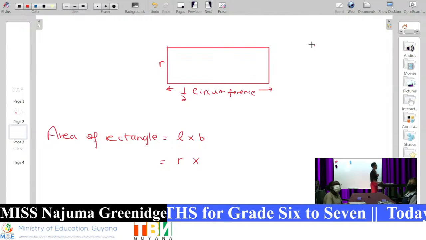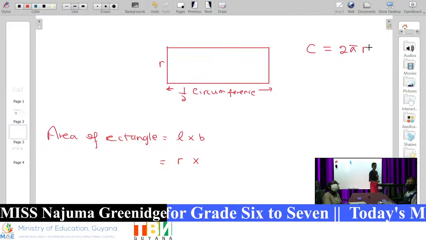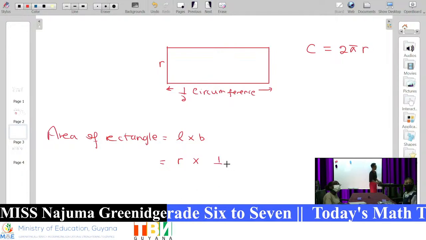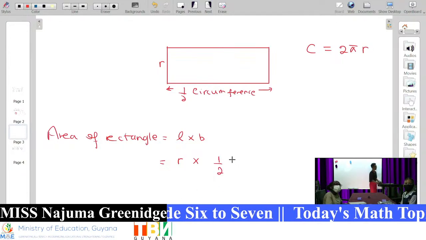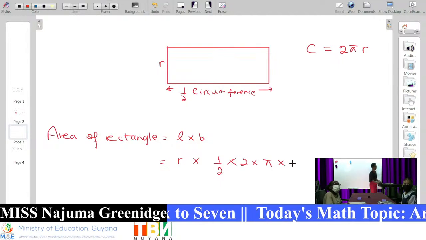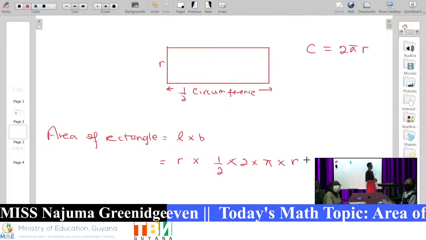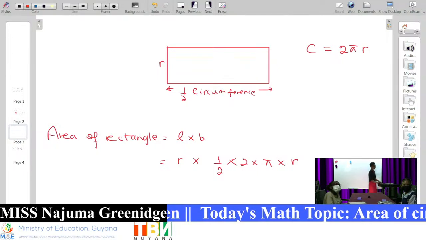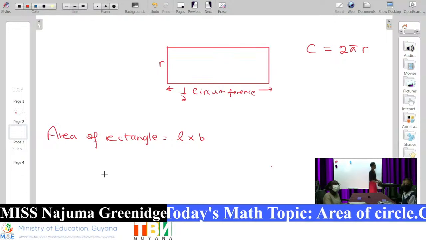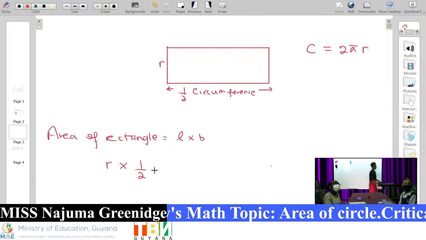We said that C is equal to 2 pi r, right? C is equal to 2 pi r. So let's put that figure there. Half times 2 times pi times r. So what happens with the 2's? Alright, I think we have a little visual problem, so let me just shift this down a bit. So we have r times half of the circumference, right?